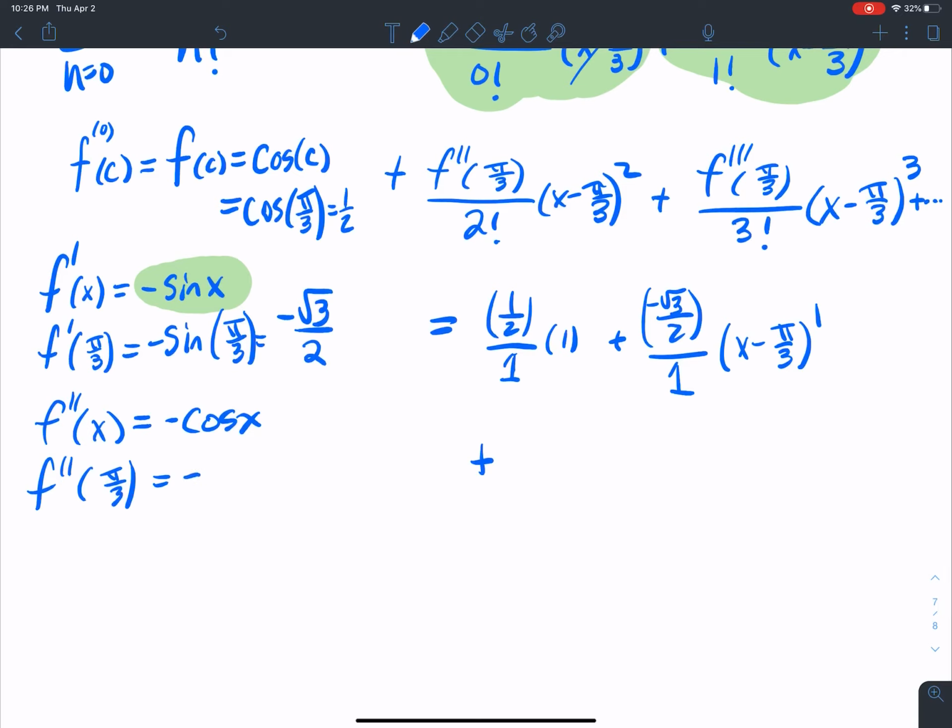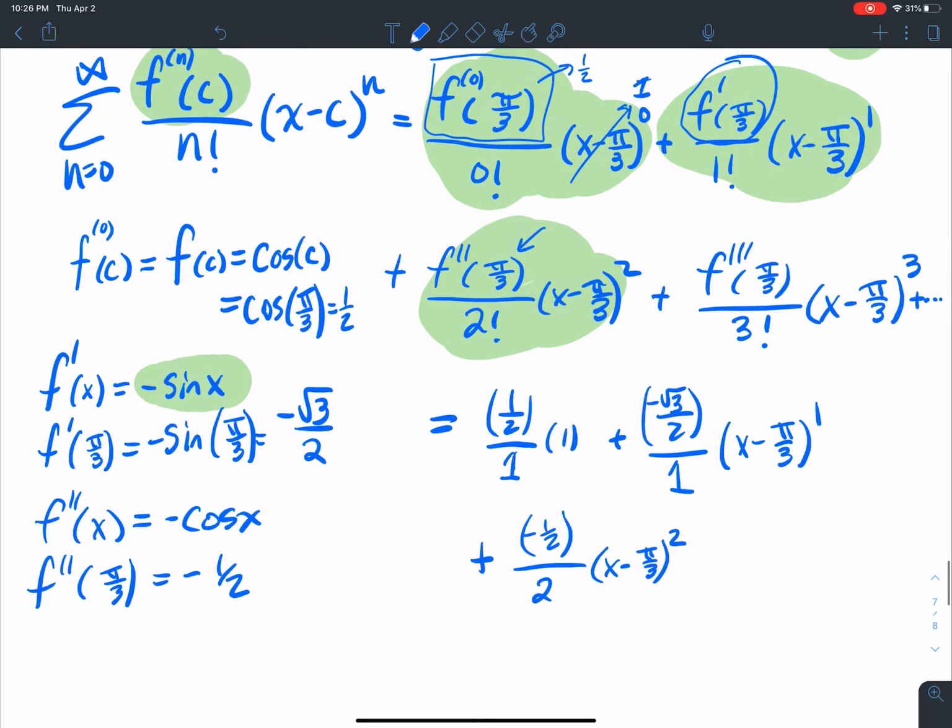This is negative 1/2. Okay? So negative 1/2, divided by 2 factorial, which is 2, times x minus pi over 3 to the 2. Okay? So that takes care of this term here.